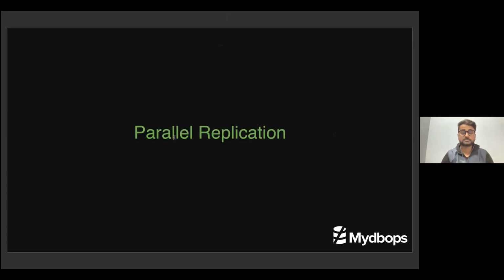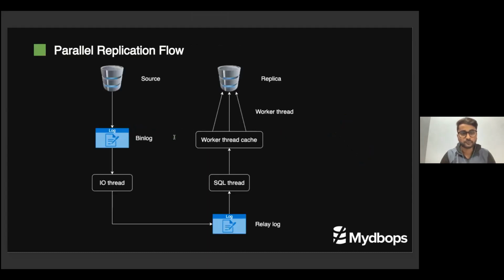So let's discuss the parallel application flow, from source to replica. The source will write all its data changes except SELECT. All data changes will be stored in the binary log, and that binary log will be read by the IO thread and written into the relay log.